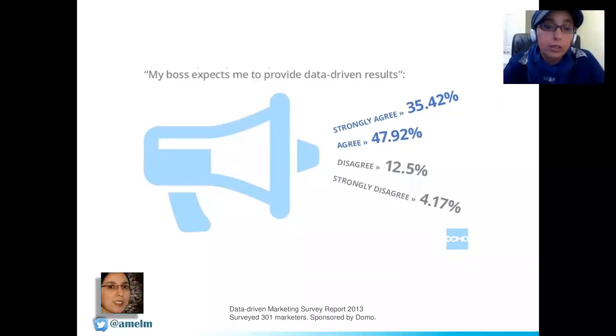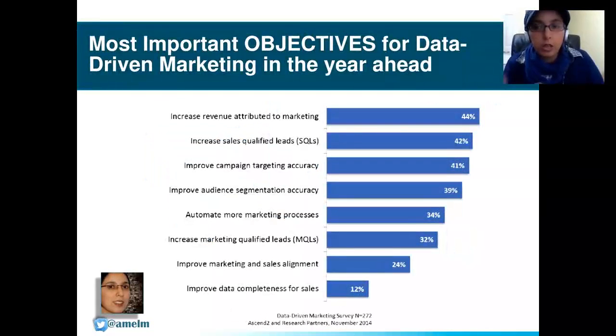It's really important for your manager or your boss that you come up with data-driven results and explain, here is the strategy that we went through and here's the ROI, and you're able to link these two together. If you don't do that, they don't really see how all these efforts and this money they are putting in marketing is transforming into revenue. And that's where you come into play.